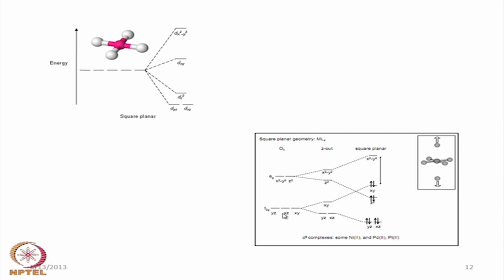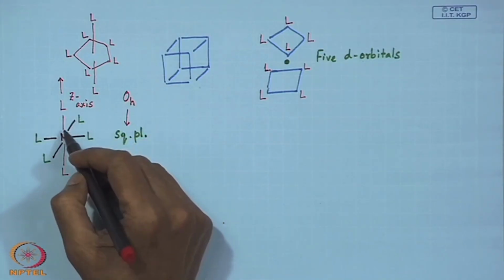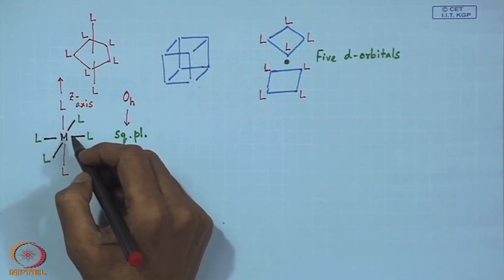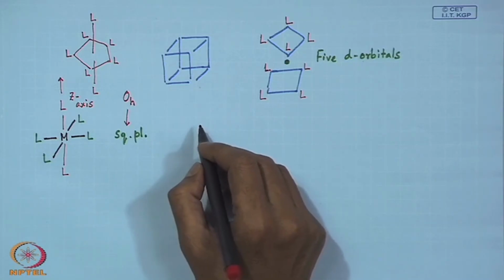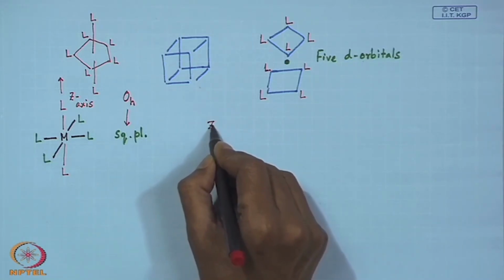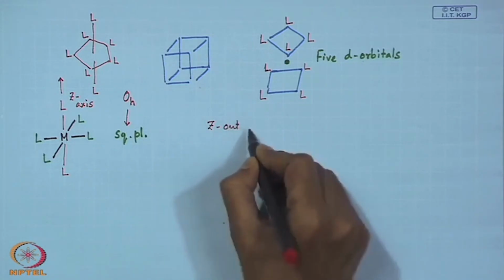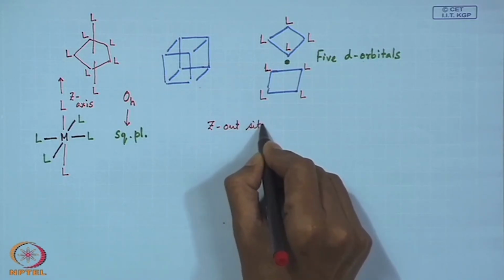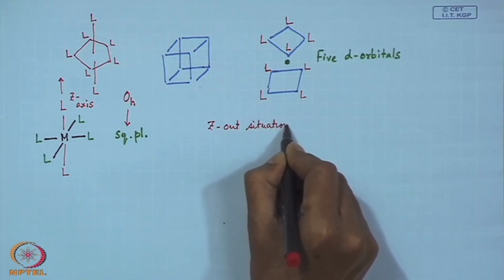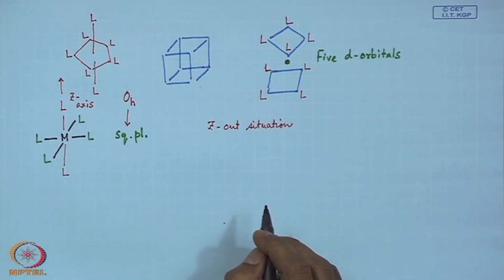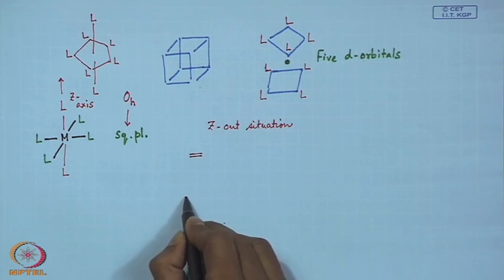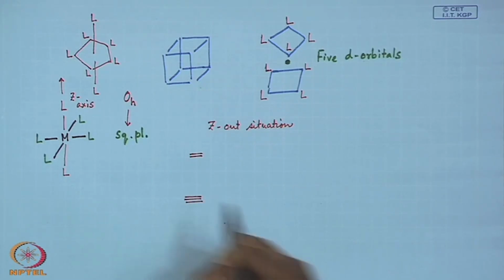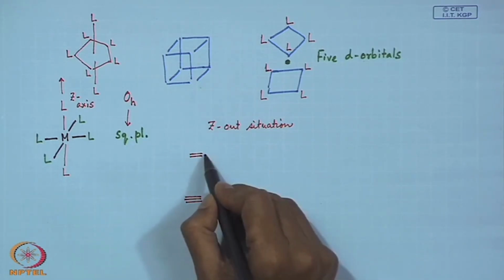So, if we just move from the octahedral geometry, we remove these two, that means we remove this L along the z axis. Then the corresponding situation would be known as the z out situation. So, when z out situation is there, we have the T2G and the EG level.